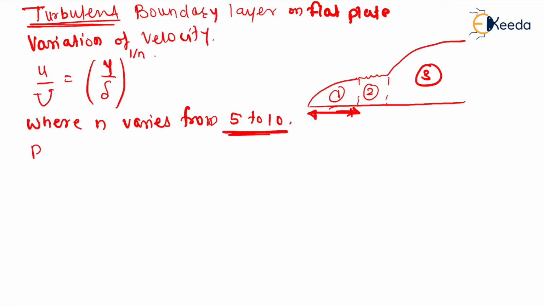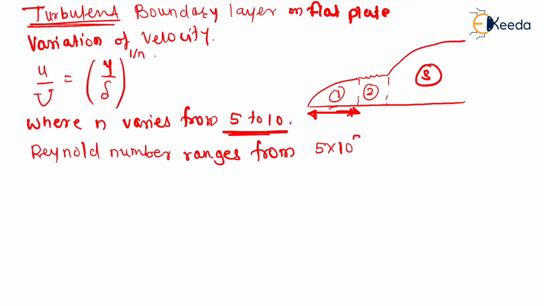So in the turbulent boundary layer, I can comment on the Reynolds number. The Reynolds number ranges from 5 into 10 raised to power 5 to 2 into 10 raised to power 7.